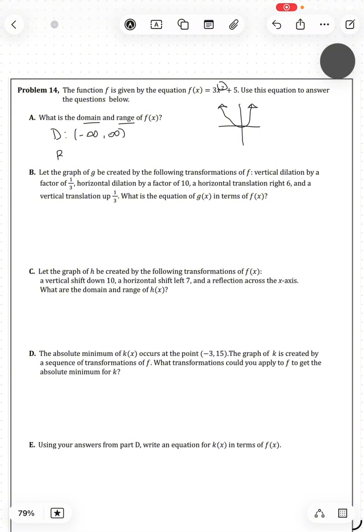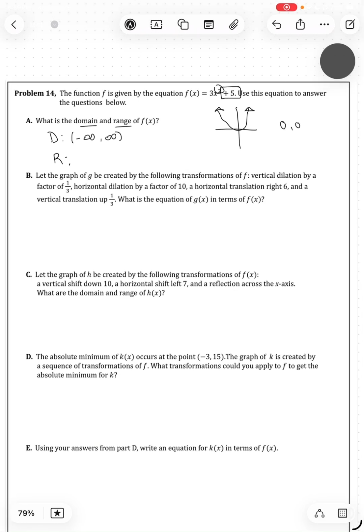But as for our range, we normally start a parabola at 0, 0, but since we have a vertical shift up 5, we're actually starting at 0, 5. So our lowest point would be 5 and our highest would be positive infinity.